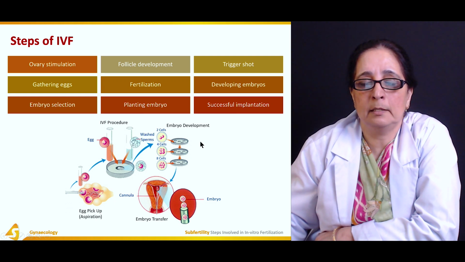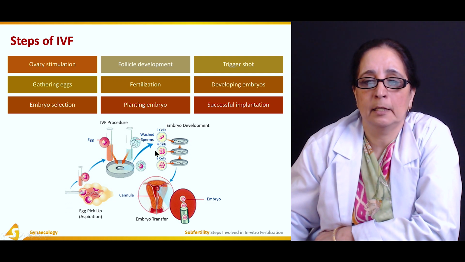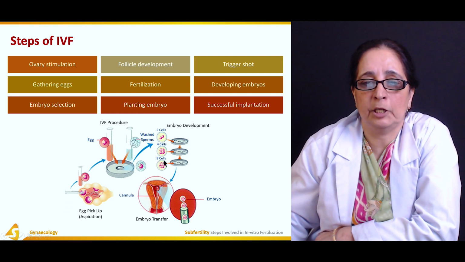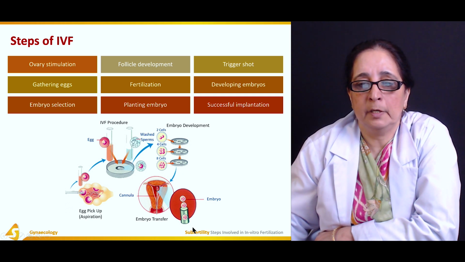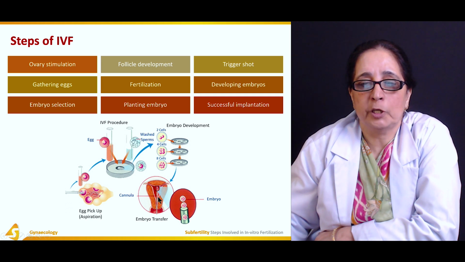All this division of the cells is taking place here outside in the dish. Then after the embryo develops, that embryo is transferred into the uterus of the female here, with the help of the cannula.